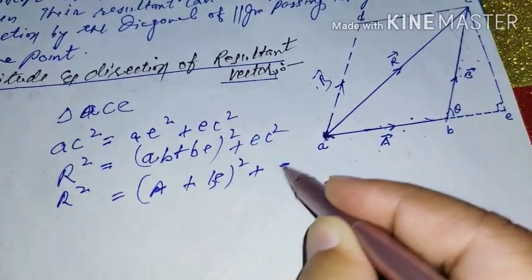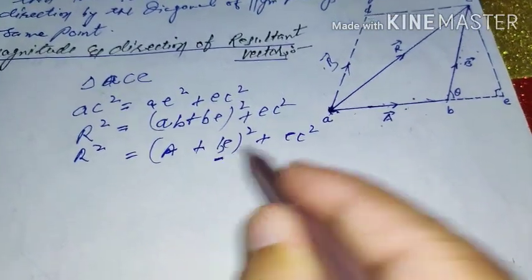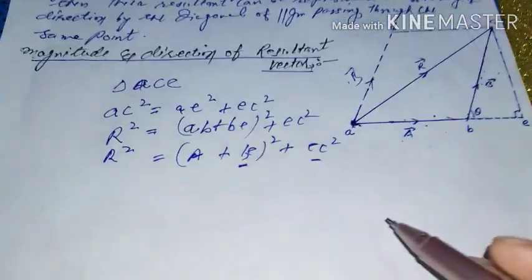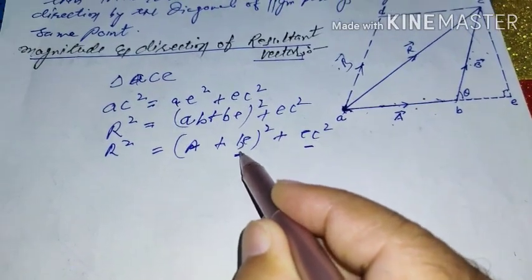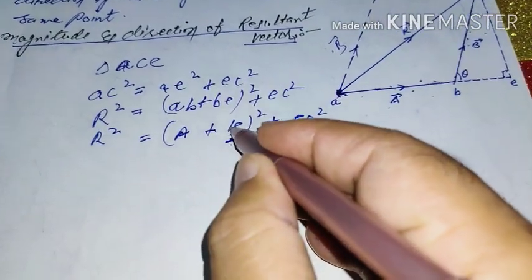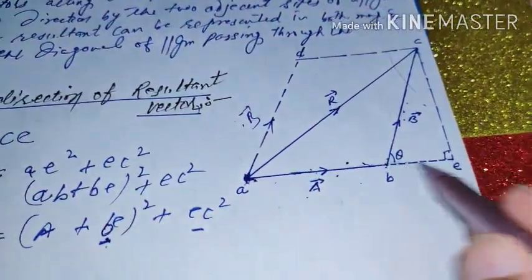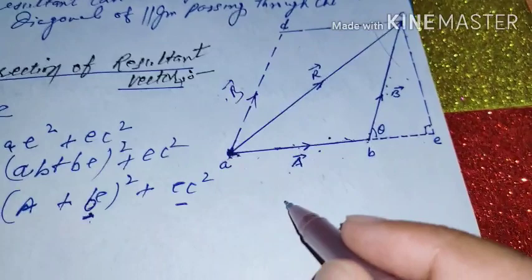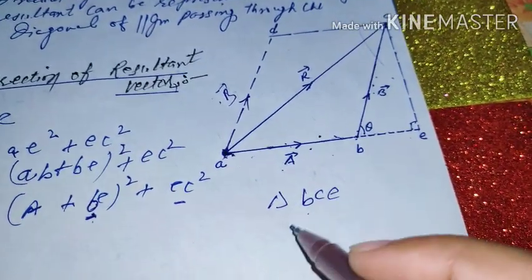square plus EC square. Now in this expression, BE and EC are the unknown things. So to find out the values of BE and EC, you just take triangle BCE.